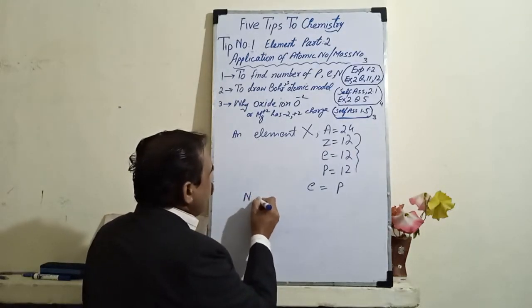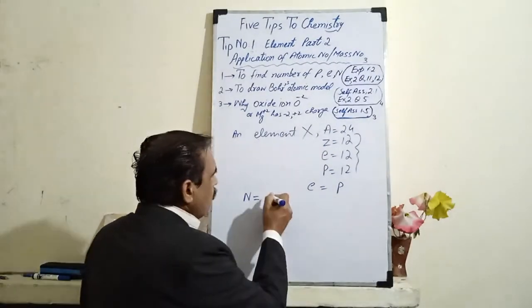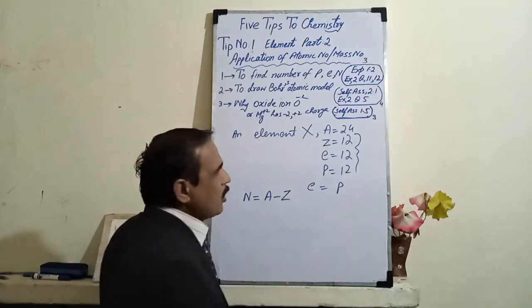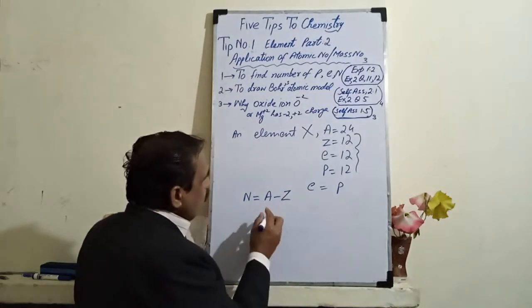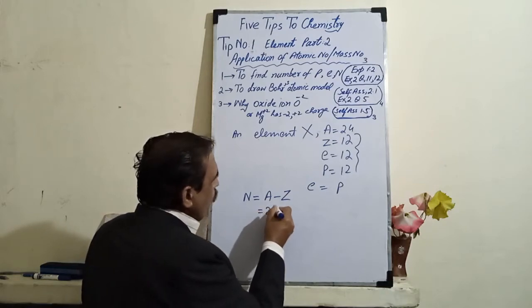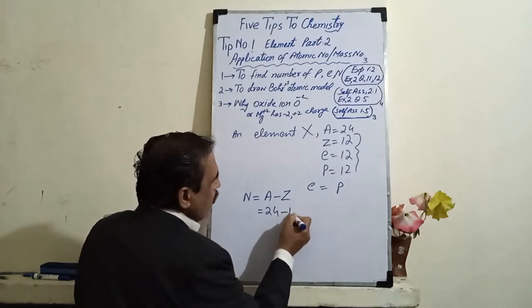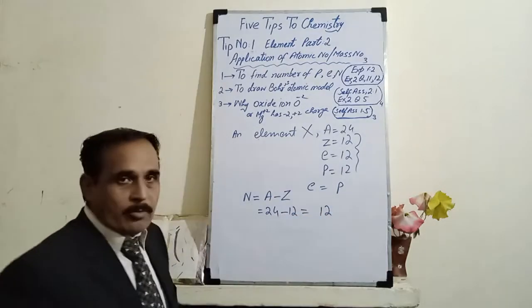Number of neutrons is equal to mass number minus atomic number. As you know, mass number is 24 and its atomic number is 12. Now you will get answer 12.